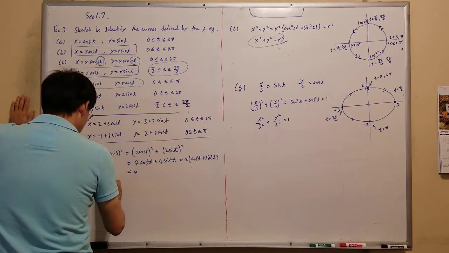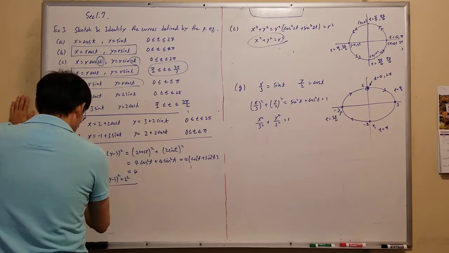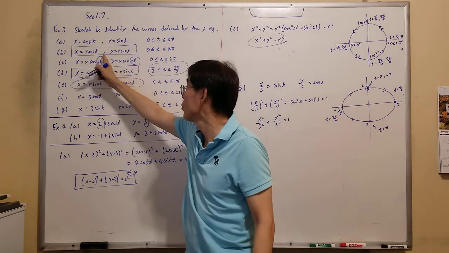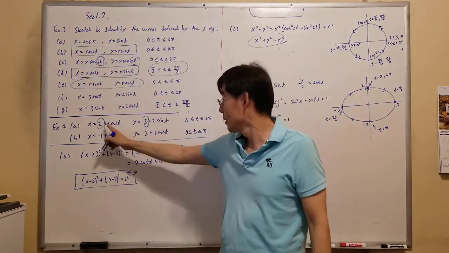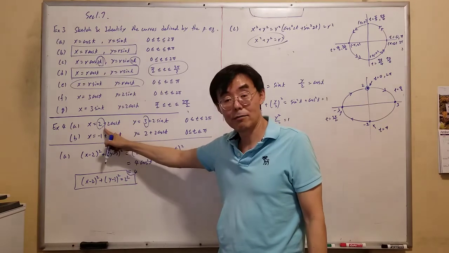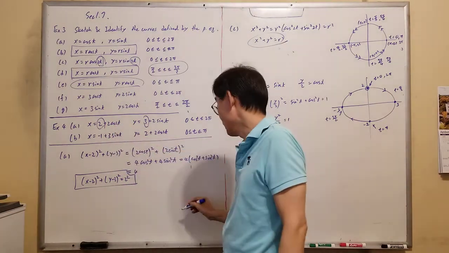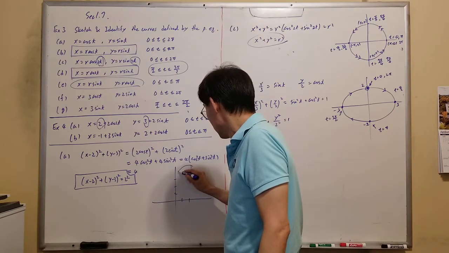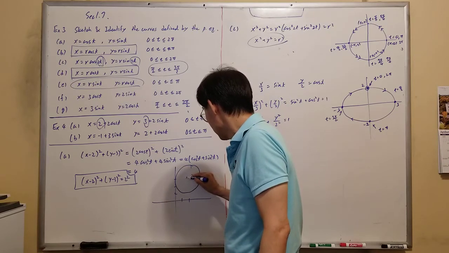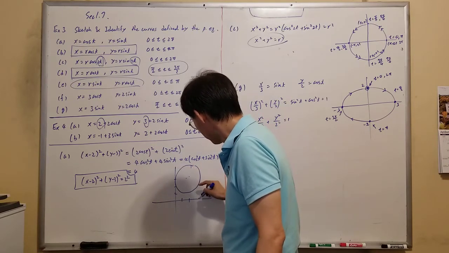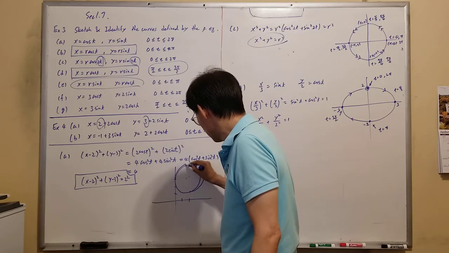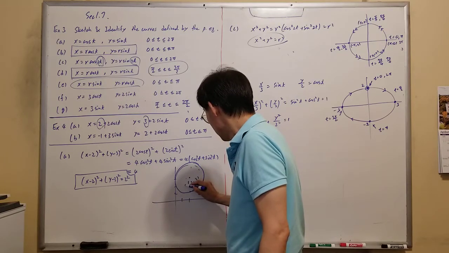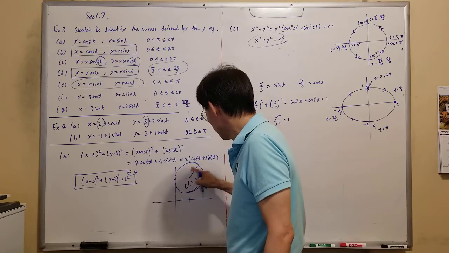So you have a circle equation. Adding 2 and 3 into this equation, 2 cosine t, 2 sine t, just makes the coordinate of your center 2, 3. Center is 2, 3. Radius is 2. That will be a circle.